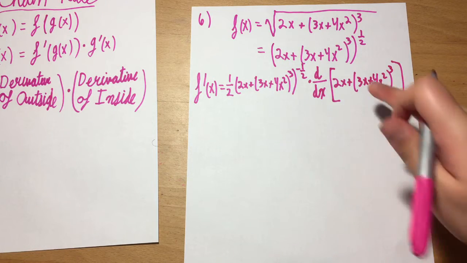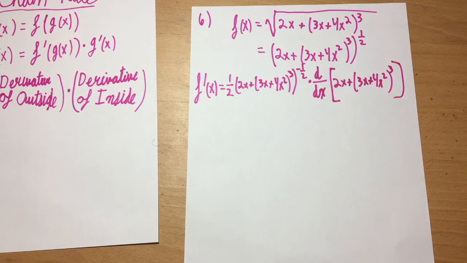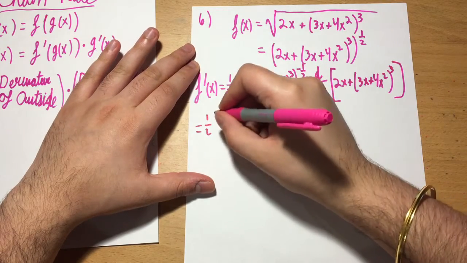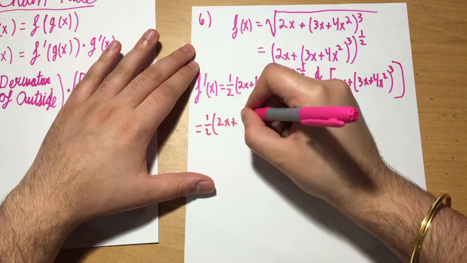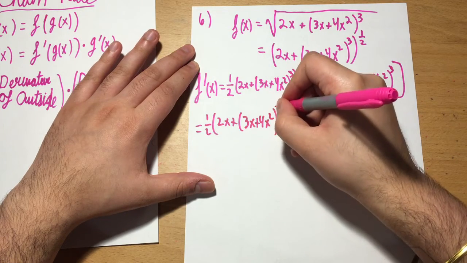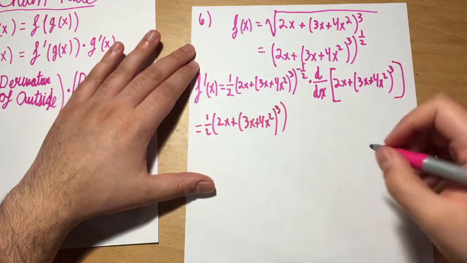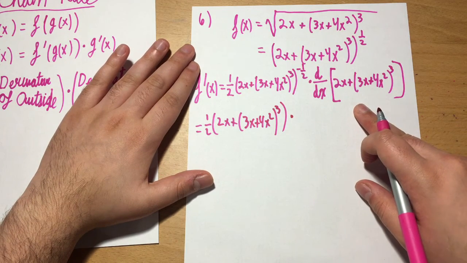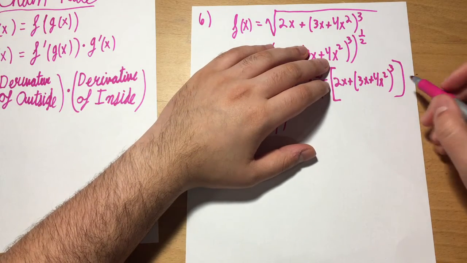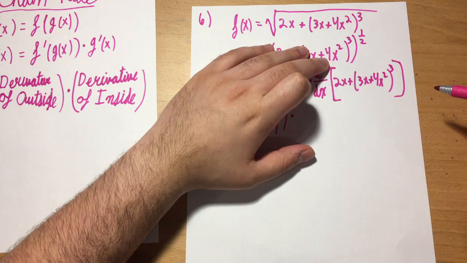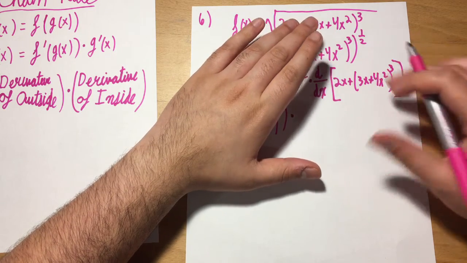Now we need to do another chain rule here, okay? So this stuff up front gets brought down, right? So 1 over 2, okay, and now we take the derivative of what's inside. Now what's inside here is essentially a term to the third power plus another constant, plus another kind of term, right?